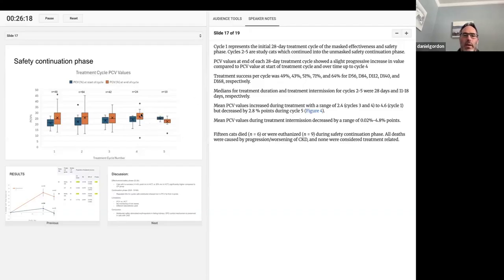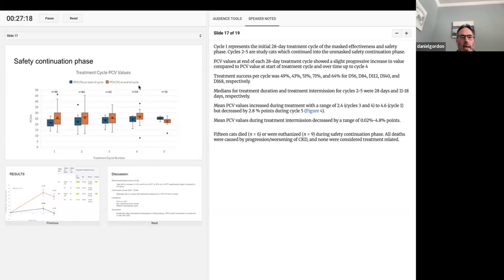If the cats reached a PCV of greater than 45%, they were out of the study. If they had that 20% reduction, they were out of the study. So you can see that over the course of time, their numbers diminished.